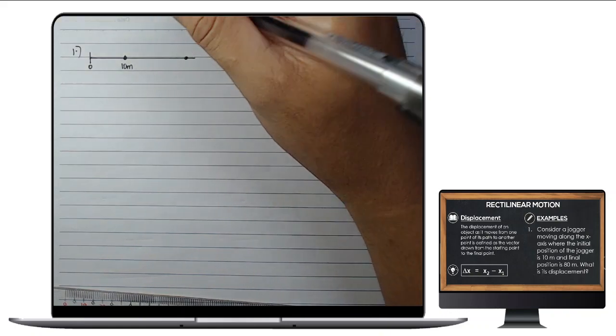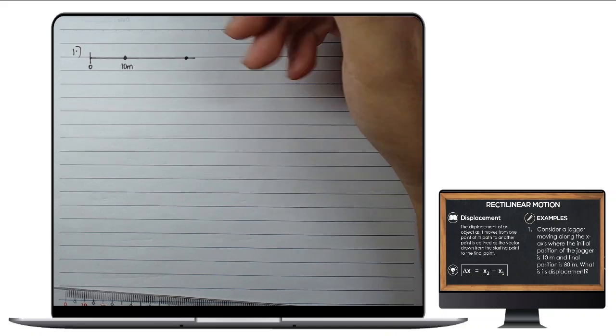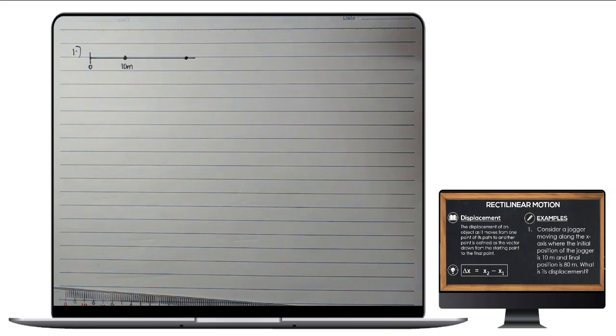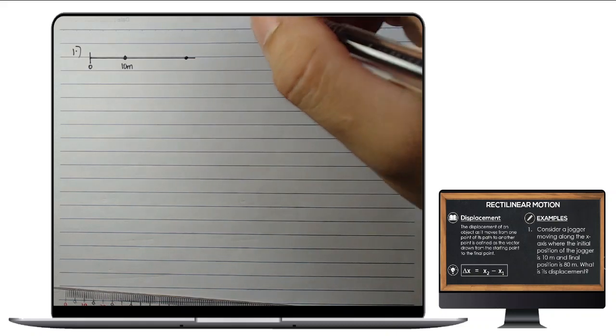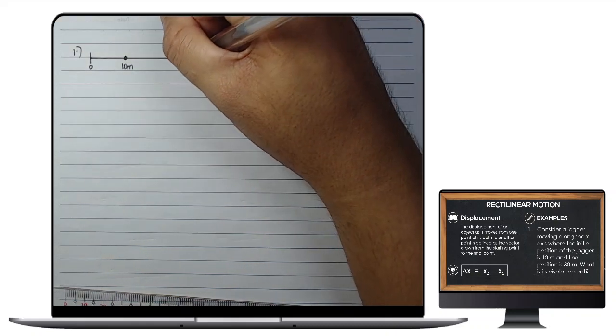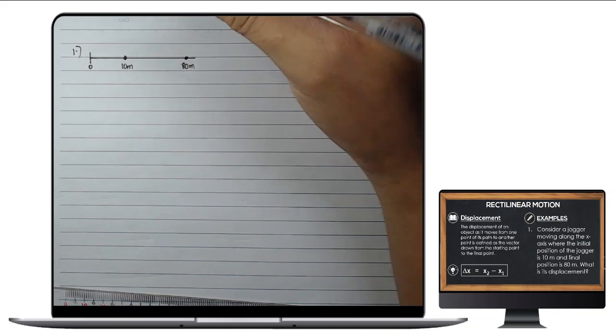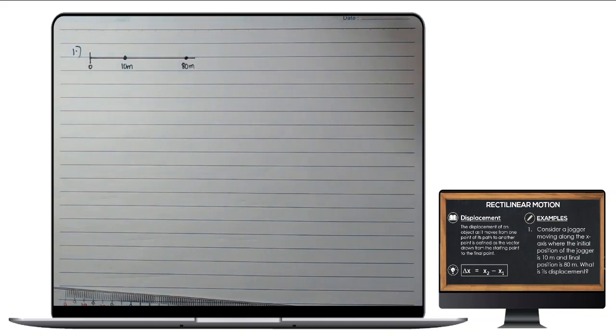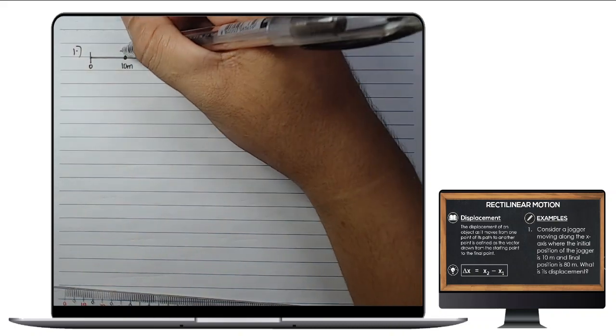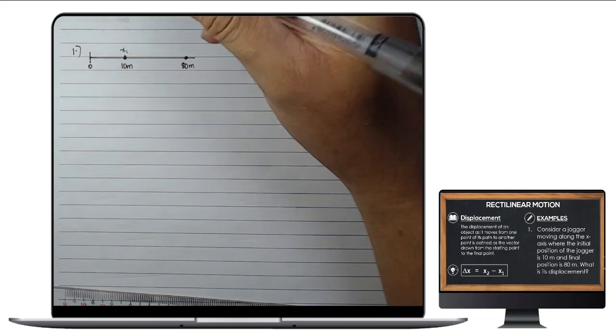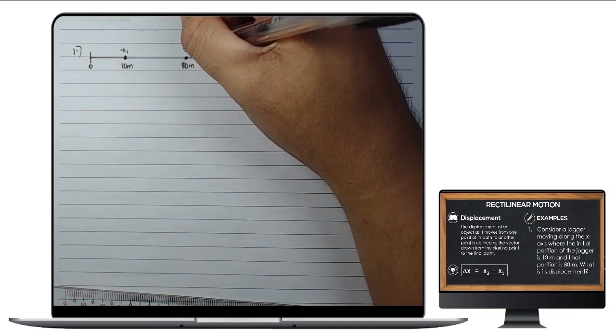Let's say the jogger moves to the right. If you want, you may move it to the left, but just to keep it standard, let's have the jogger move to the right. So its final position is at the 80 meter mark, 80 meters from point O. This is the initial position and this is the final position.